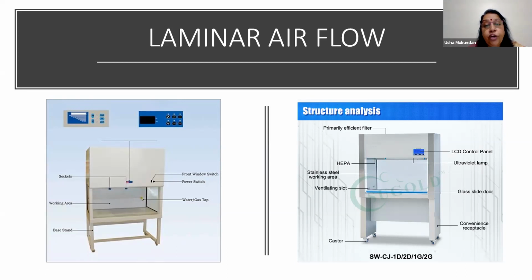So you get unidirectional flow of sterile air, and the area in this bench is sterile. Good operation theaters also have sterile rooms, where the entire area is filter sterilized, usually of class 100. So class 100 HEPA filters are used.